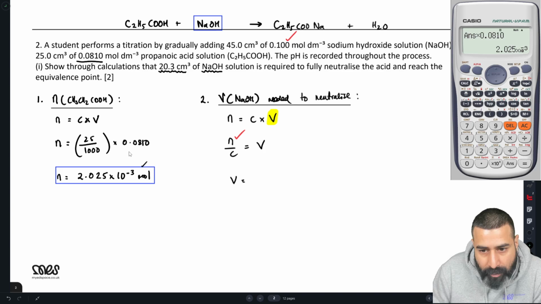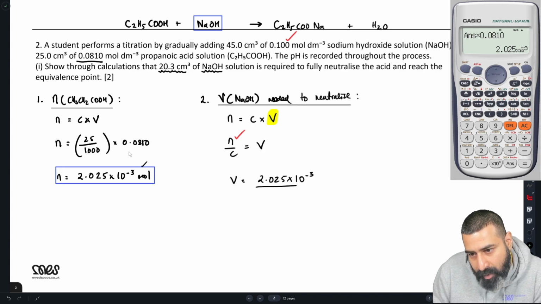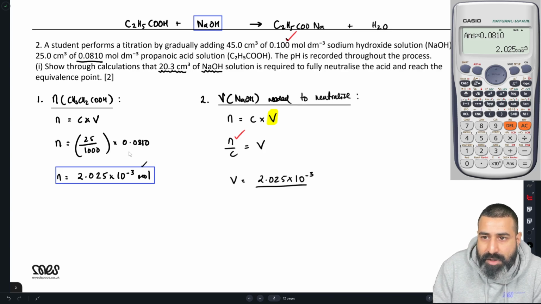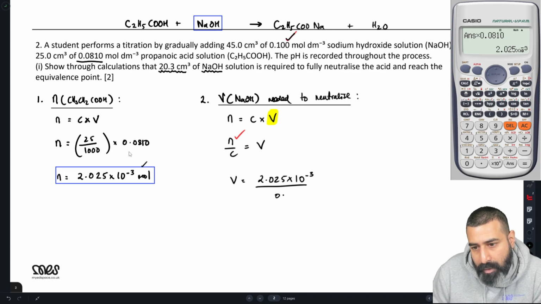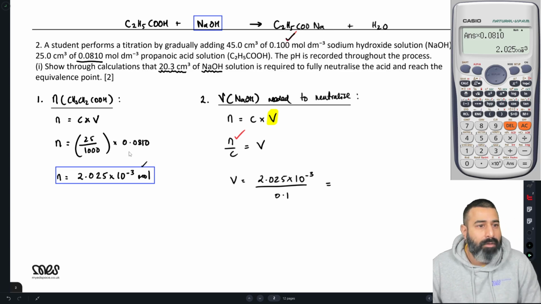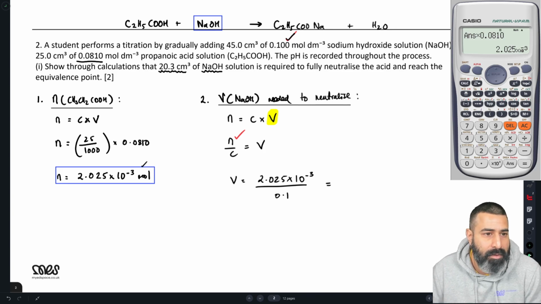So V equals 2.025 times 10 to the minus 3, and then the concentration is given to me in the question. It's 0.1. Let's process this. If we're dividing by 0.1, we're timesing by 10.